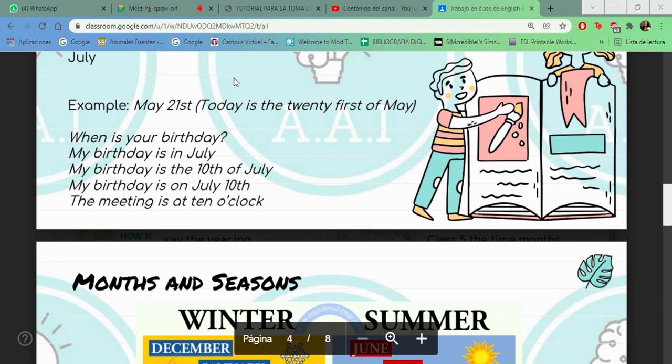This is classes. In this case, we have the colors, the numbers, and then the alphabet as well.